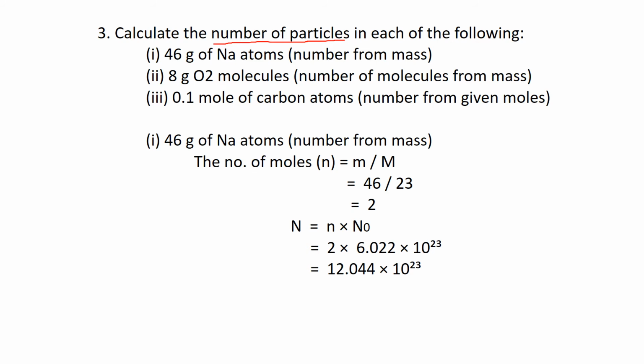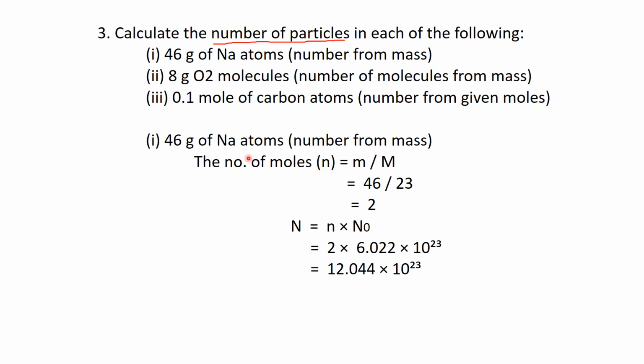But in the first question, the mass is given. So if mass is given, how will you find the number of particles? In case of mass also you know that number of moles is equal to given mass upon the molar mass. So first of all you will find the number of moles, and then you will put the number of moles in the formula of number of moles is equal to number of particles upon the Avogadro number, and you will get the answer. So let's see how to do.